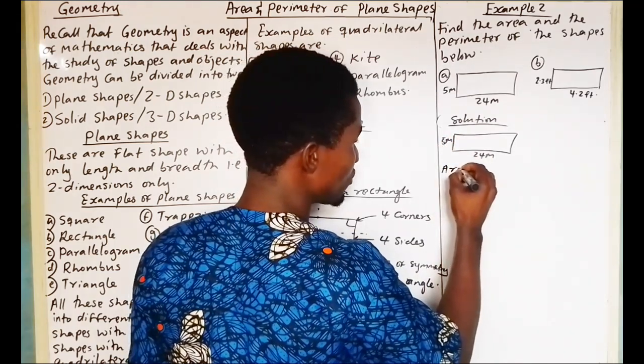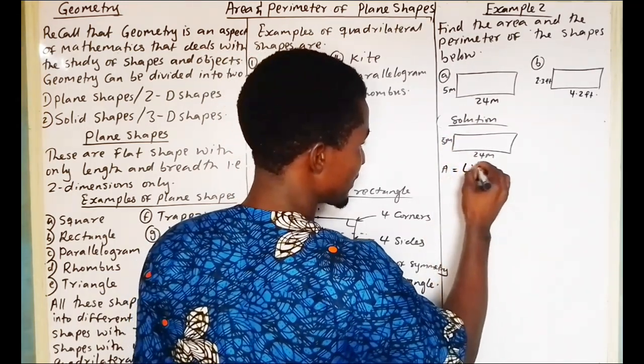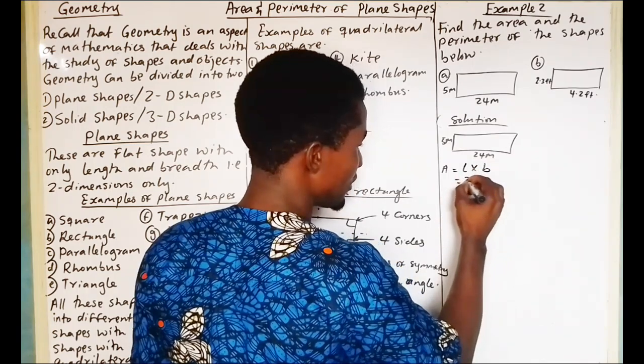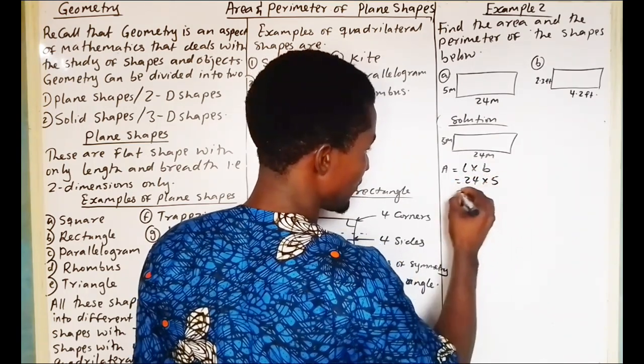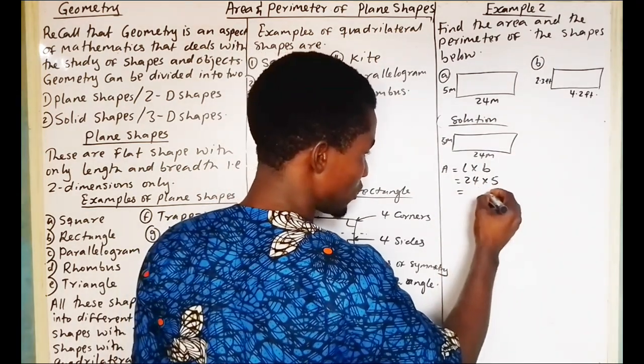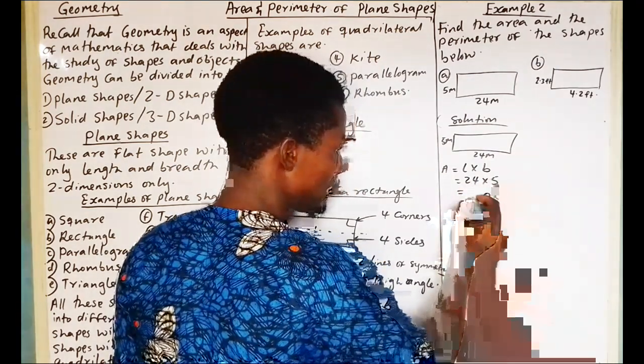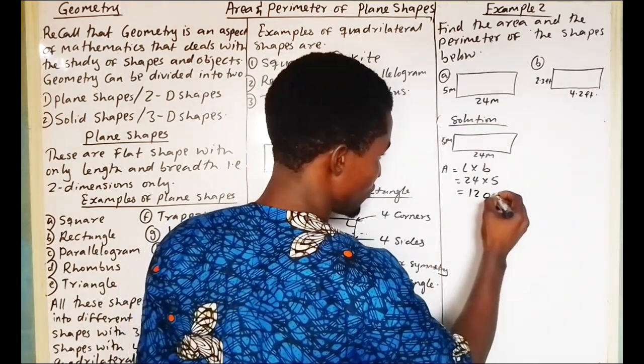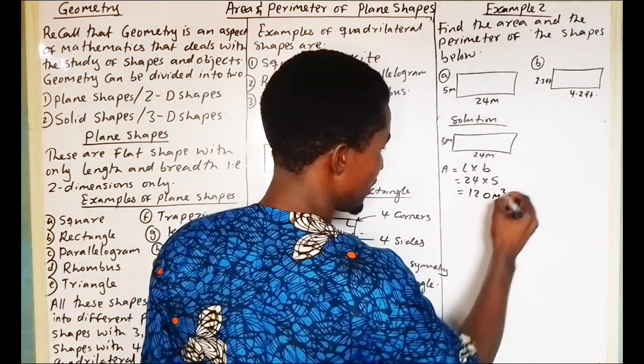My area equals length times breadth. 24 times 5. 5 times 4 is 20. You keep your 2. 5 times 2, that's 10, plus 2, that's 12. So this gives us 120 meter square.